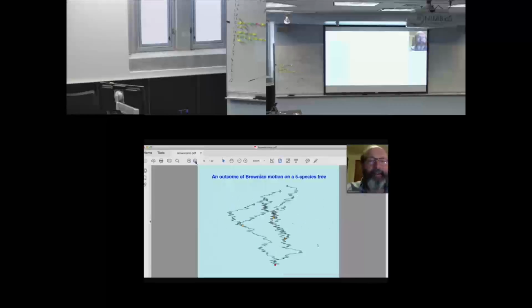Okay. I have a related question. So yeah. If the y-axis is variance, what's the x-axis? Oh, the x-axis is the character value. So we're measuring a single character here, and that's the x-axis.